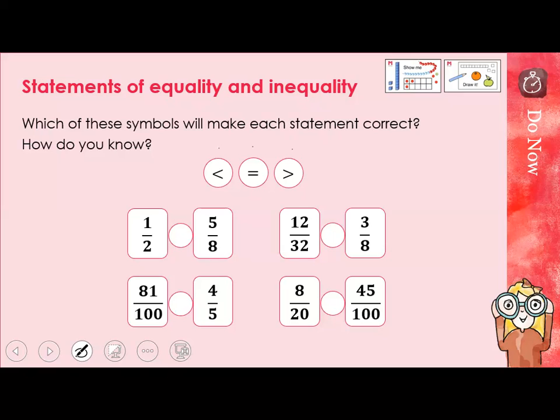And the easy way that we can remember them is to think of a crocodile's mouth, and a crocodile's mouth eats the bigger fraction. It's a nice, easy way for us to remember it. Please take a little bit of time here to pause the video and try and work out which of the fractions is greater.